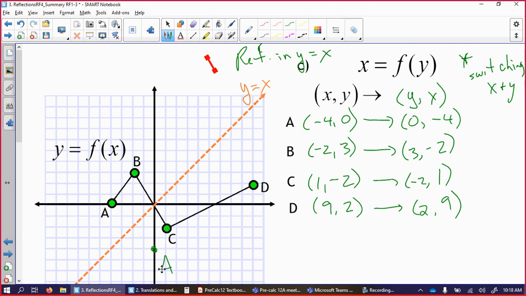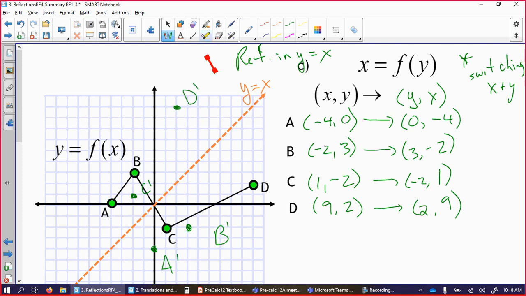So this is A prime. So this point is kind of two diagonals, 1, 2, 3, and -2. So there's that point there, B prime. C is -2 and 1. And then D prime, 2 and 9.